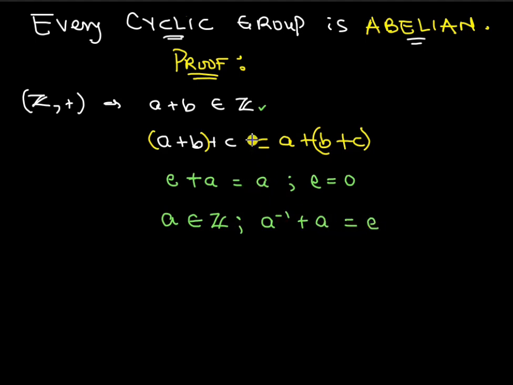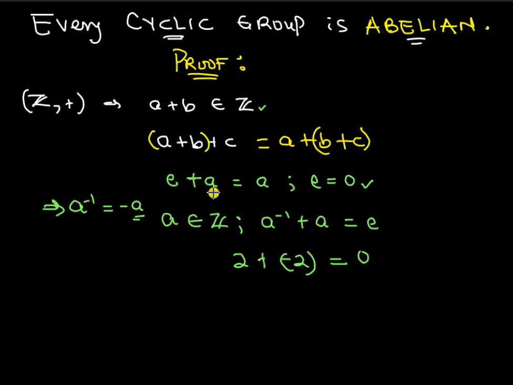In the set of integers, every element has another element that behaves that way. For instance, if I have 2, and I add -2 to 2, I am definitely going to get the identity element, which is 0. So the inverse of A in Z is equal to -A.